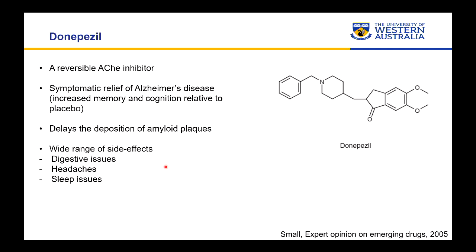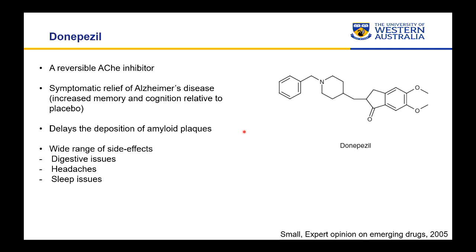But this drug can also have a wide range of side effects, because acetylcholine is not just important for our central nervous system, it is also really important for muscle action. When a motor nerve stimulates muscle, it releases acetylcholine to cause muscle contraction.